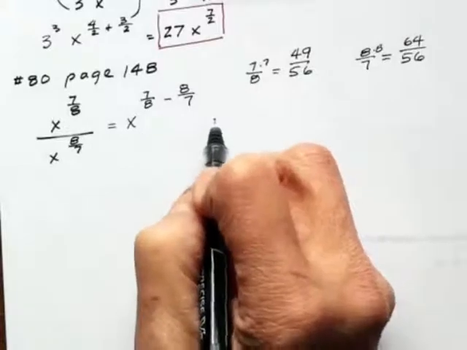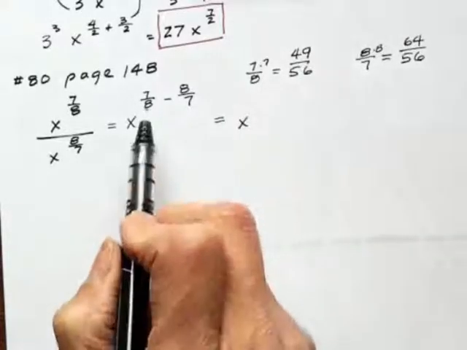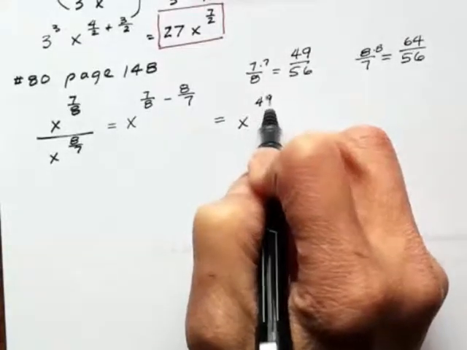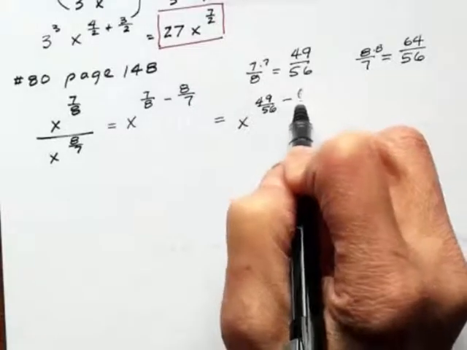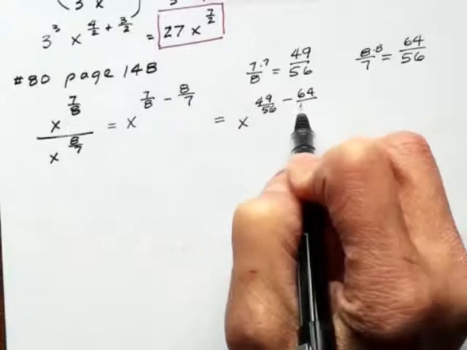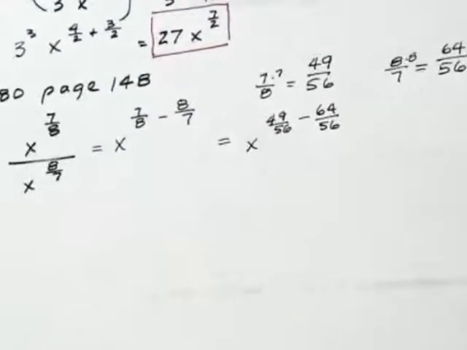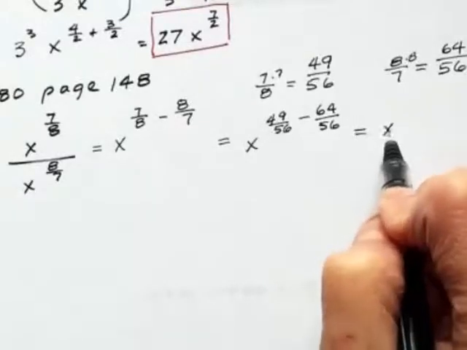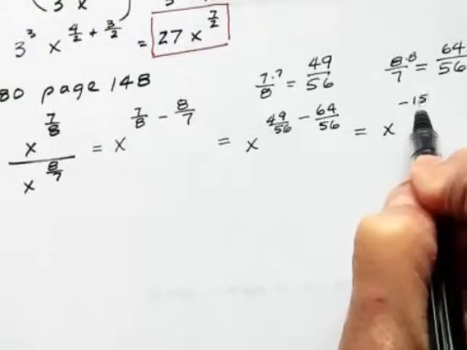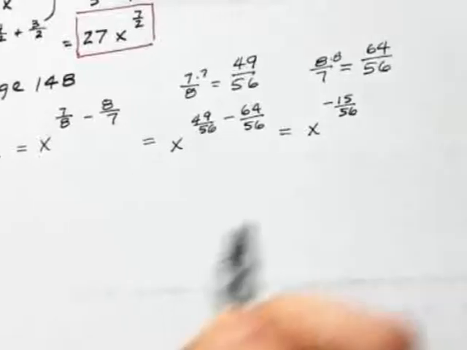So now my problem becomes x to the 49/56 minus 64/56. When I subtract, I end up with x to the -15/56.